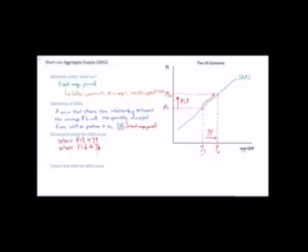The answer has to do with what we call sticky wages. Sticky is just another word for fixed wages. Because wages are sticky, in other words, they're not able to change quickly in response to changes in the price level, firms have no other option when prices fall than to reduce the amount of output they produce and reduce the number of workers that they employ.